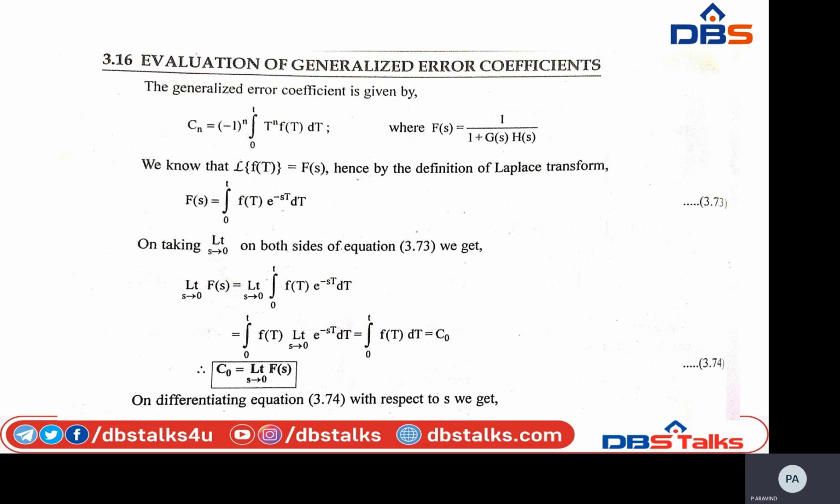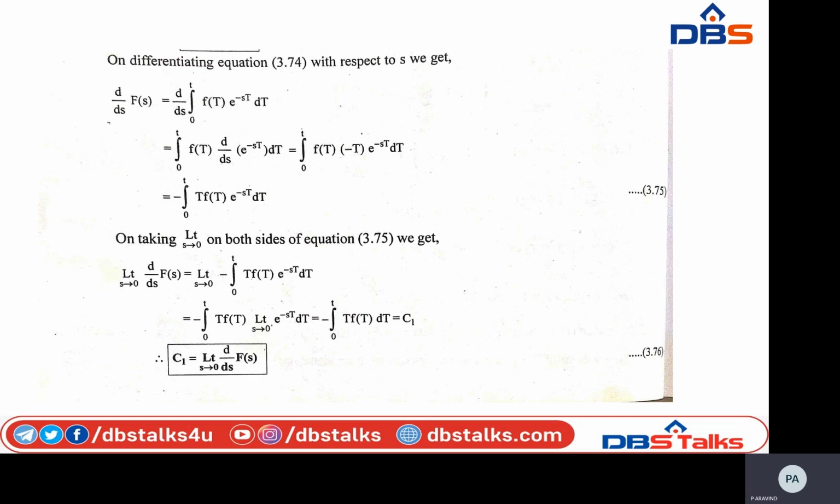In order to get the coefficient c1, we have to differentiate with respect to s. So simply differentiating that equation 3.74, d by ds of F(s) equals d by ds of integral 0 to T of f(t) e power minus st dt, right?